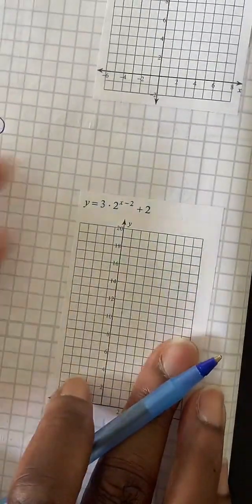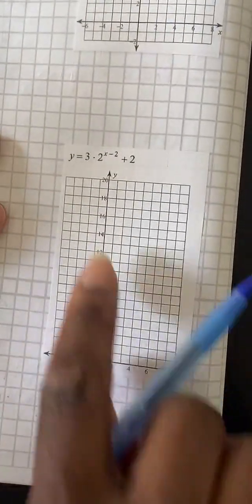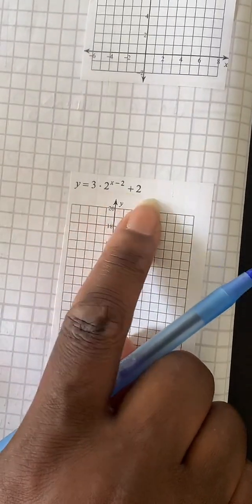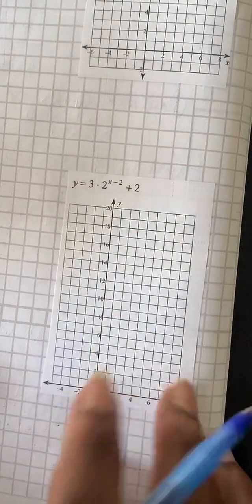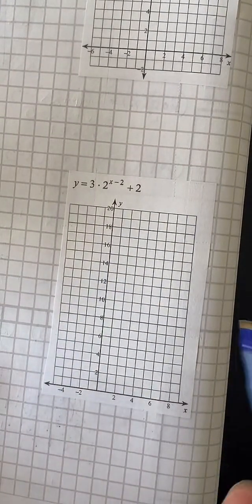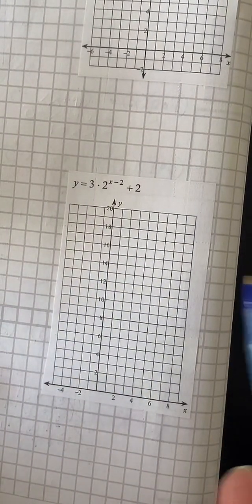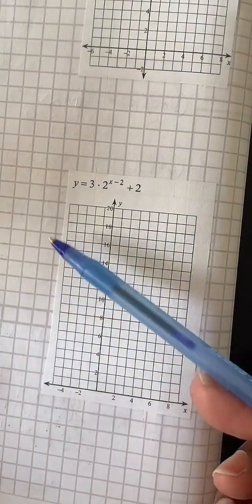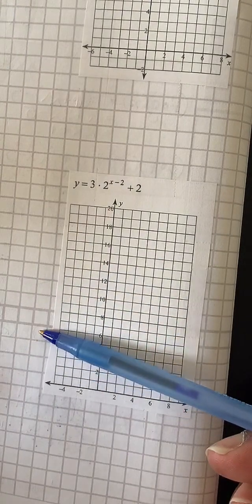All right. Now, when we're doing the transformation, we got a lot of little things happening. With this, you could still do your 3 points. You can still do your 0, your -1, your 0, and your +1.